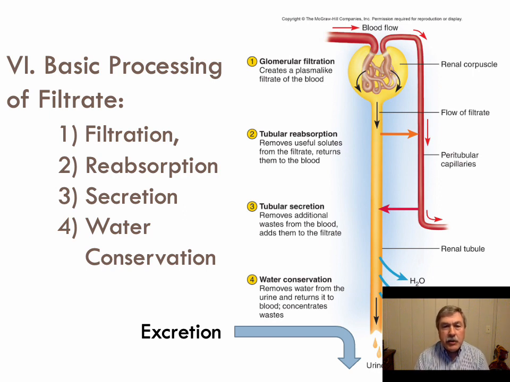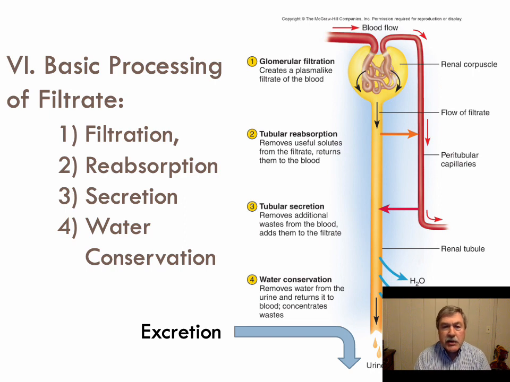Now, in the tubular portion, there are 2 processes that occur. The first is called reabsorption. Reabsorption is the active transport of useful substances like electrolytes and water from the tubule into the peritubular capillaries that surround the nephron. Then in more than one part of the tubule, there's also a process called secretion.